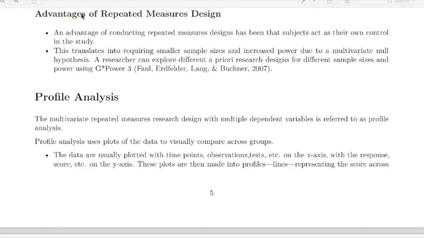So one of the advantages of using repeated measures designs is that the subjects act as their own control. So this hypothetically would translate into having smaller sample sizes. I think there's a caveat to that. For example, I learned statistics in an agricultural school. So if I checked on my lettuce every 3 months, it was always going to be there.